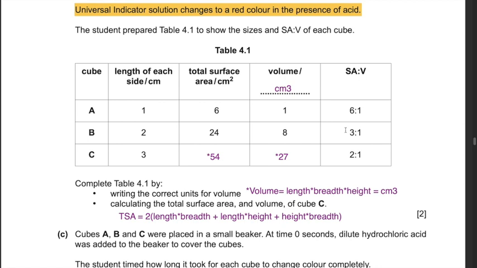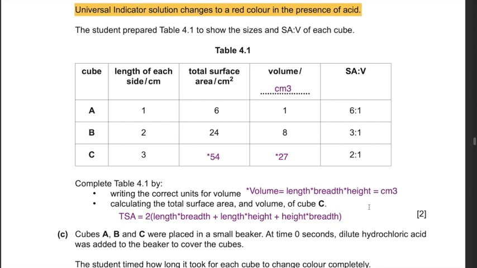How do you find out the total surface area? There's a formula for this. Total surface area is equal to 2 times the whole thing given inside the bracket. Length times breadth plus length times height plus height times breadth. If you look at the formula I have mentioned over here, total surface area is equal to 2 times the whole thing inside the brackets.